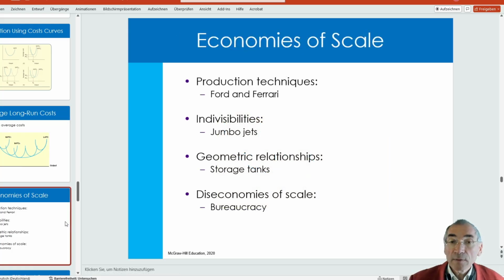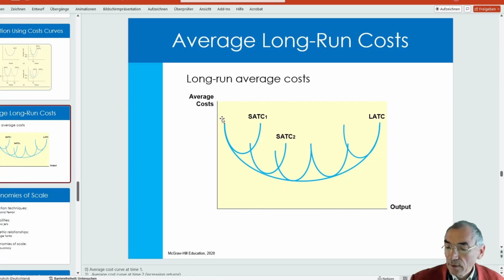There are different reasons for economies of scale, and some of them are listed here on this slide. These are, of course, only some bullet points. You find more information about this in the book, or you might research the reasons for economies of scale or diseconomies of scale. Why does this process turn around?